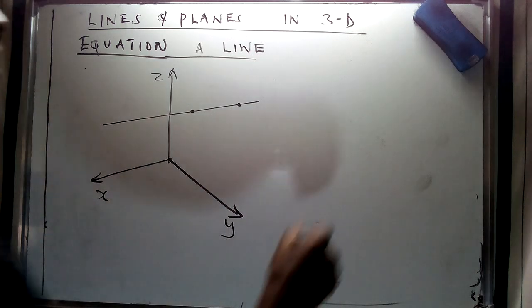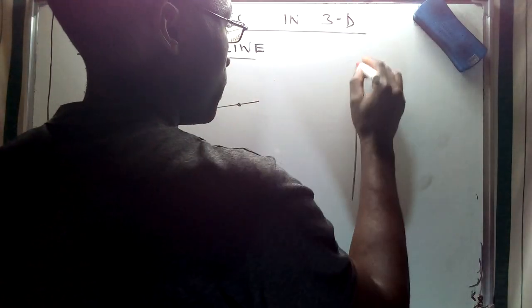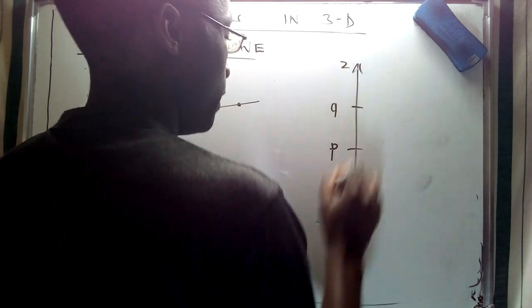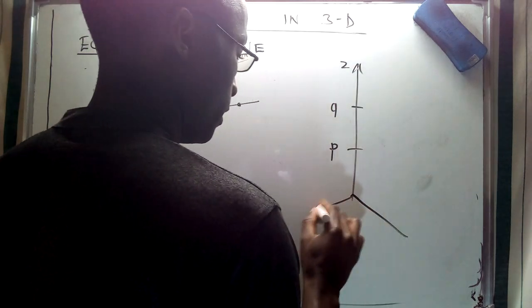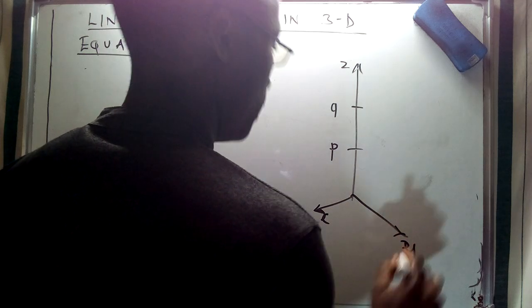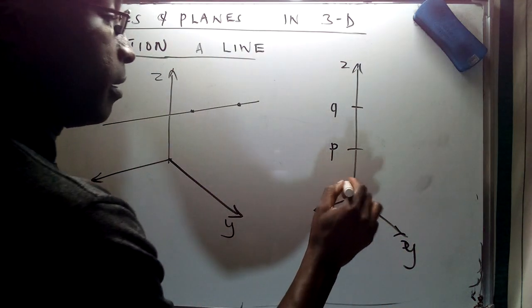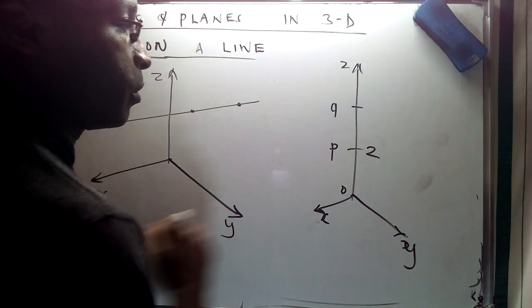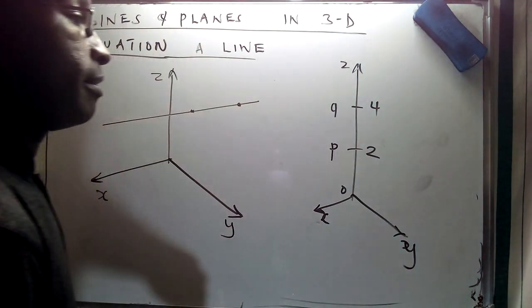So suppose I have two points, P and Q, that lie on the z-axis, and this is the origin. Suppose I have this particular point with a value of 2, and another with a value of 4 on the axis.